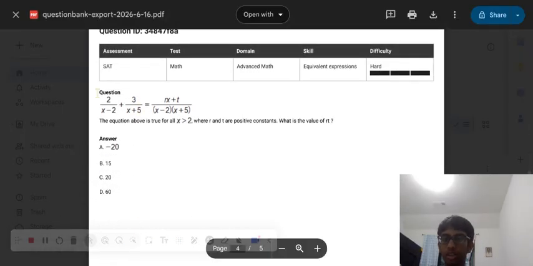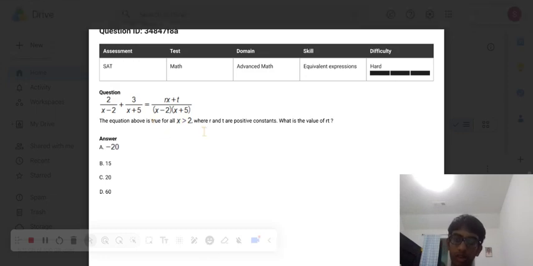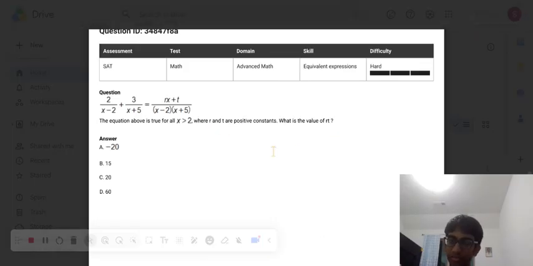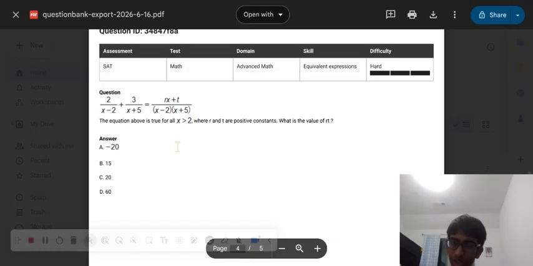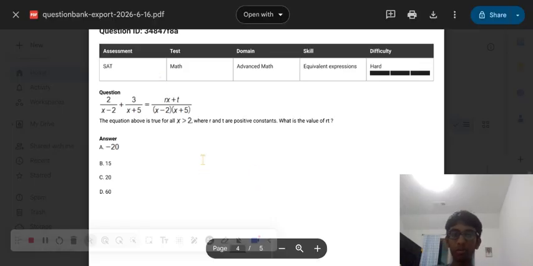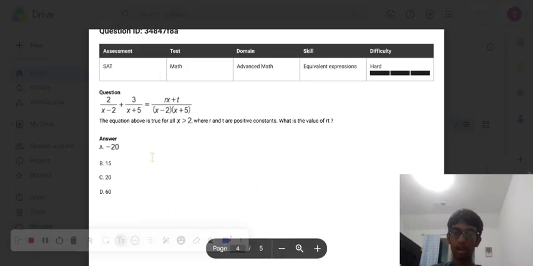It states the equation above is true for all x greater than 2, where r and t are positive constants. What's the value of r times t? We know that the equation is true for all x greater than 2. On the right-hand side, we have denominators of x minus 2 and x plus 5.